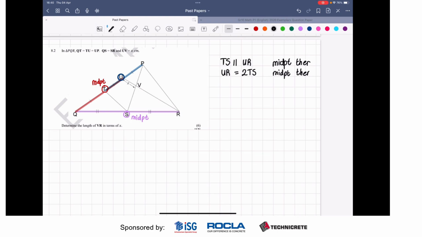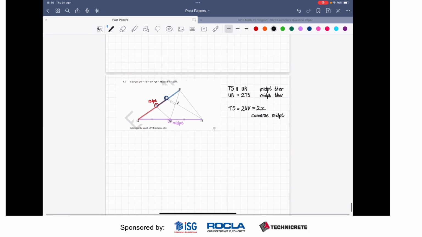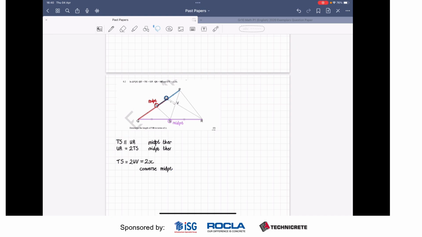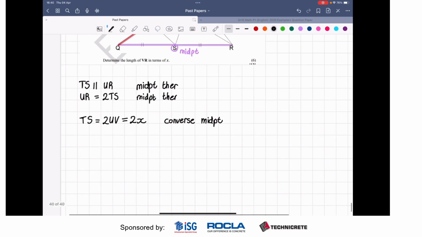So from the converse midpoint theorem, I can see that TS is equal to 2UV is equal to 2x, and that reason is the converse midpoint theorem.